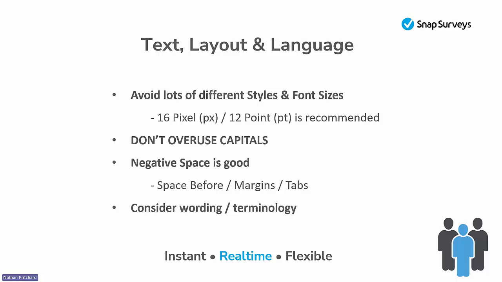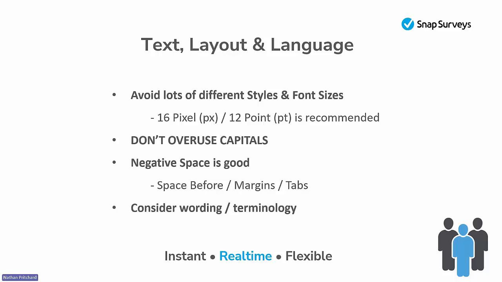Another good one, don't overuse capitals. So a whole sentence in capitals will not only make it look like your great auntie or uncle sent you a text message, it's also going to be harder to read on screen. Again, accessibility is all about usability. Negative space is good. So negative space is about making sure there is space around things and try not to squeeze too much into one page.